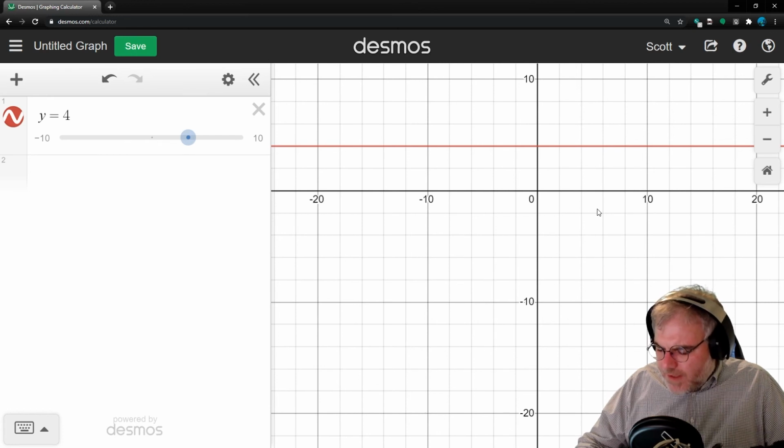So for any polynomial p of x, I'm going to take the derivative. It is c n x to the n plus c n minus 1 x to the n minus 1 plus dot dot dot plus c1 x to the first plus c naught.